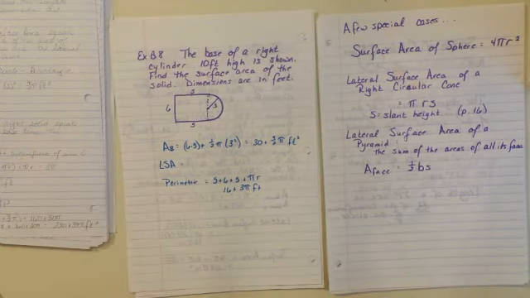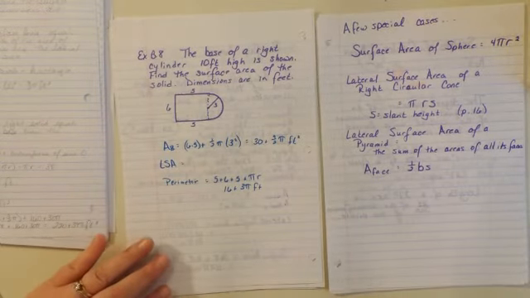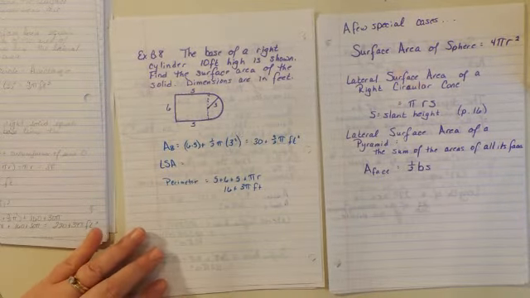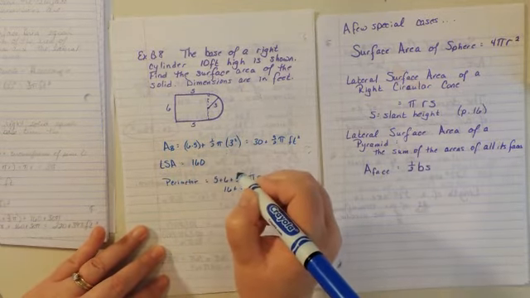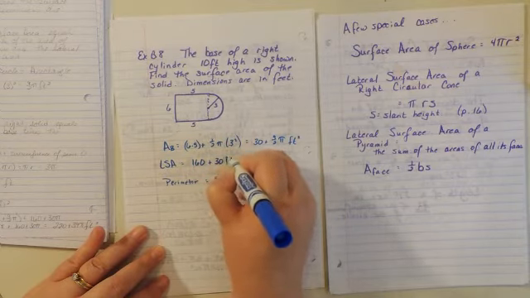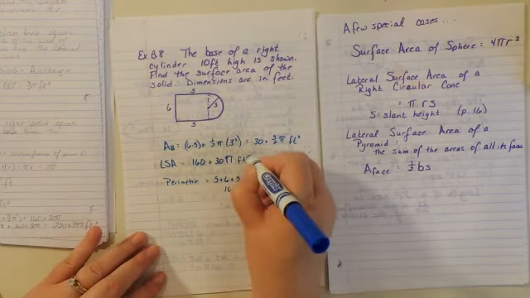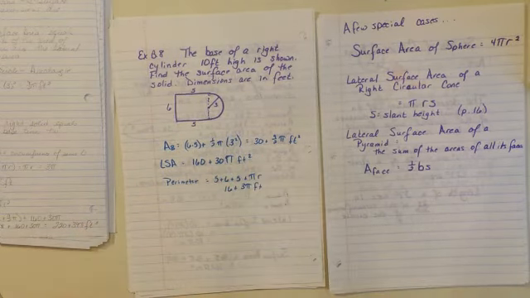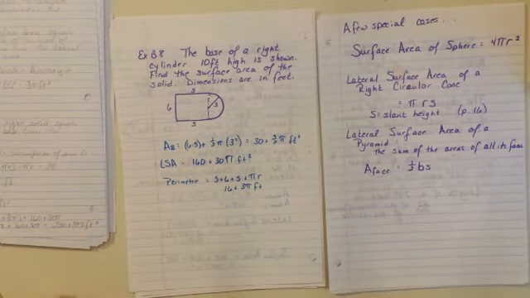And we're going to multiply the perimeter times the height, which was 10 feet. So that'll make this 160 plus 30 pi feet squared. Okay, that's 10 times 16 plus 3 pi.